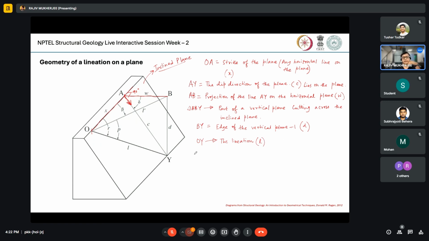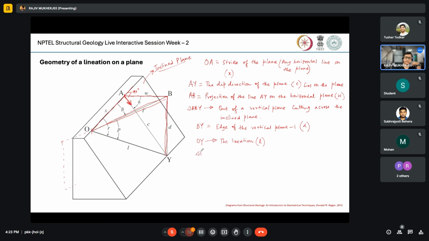Now, if we pass another vertical plane, so if you can see this plane, that is OBY. If we pass another vertical plane like this through OY, then this surface contained within the triangle OBY will be part of another vertical plane, right?